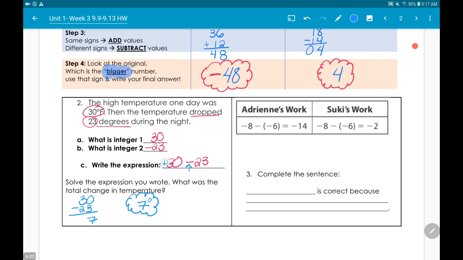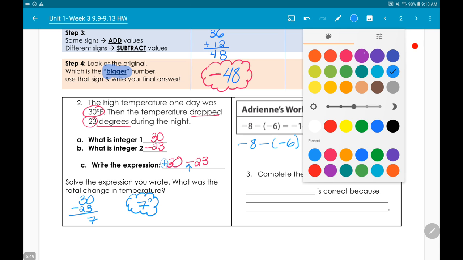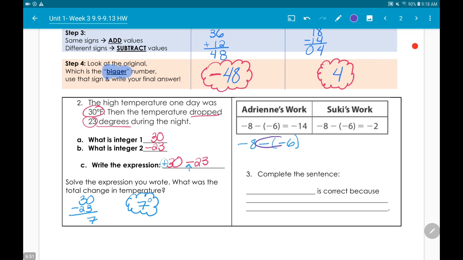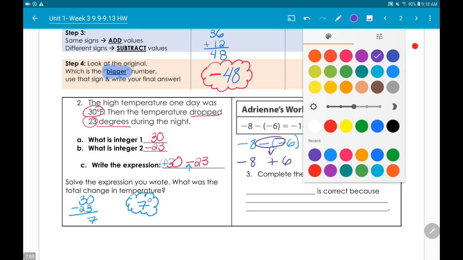All right, let's look at the next one. We have 2 people's work, and it says complete the sentence. Blank is correct because blank. So we need to determine who's correct, Adrian or Suki. I see the problem is the same: -8 minus -6. Our first step, let's change those double signs. Same signs, I need to change to a plus. Now I look at what's remaining.